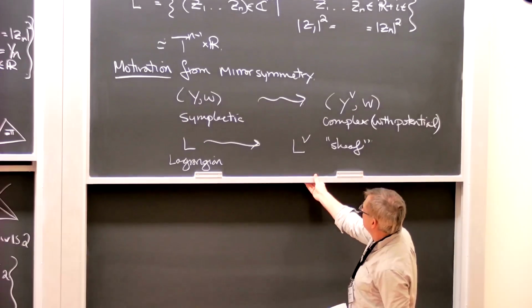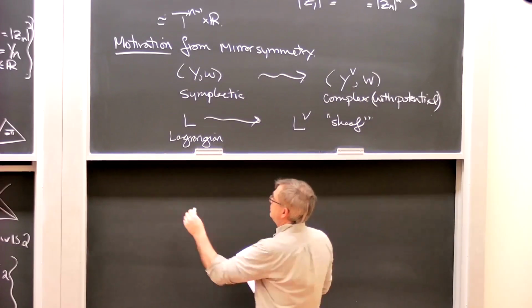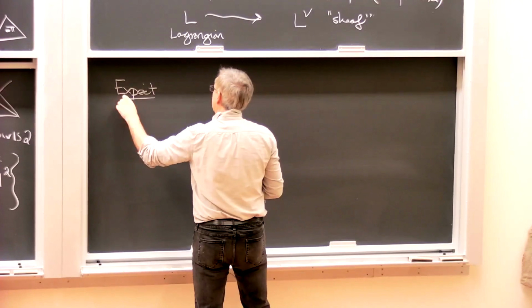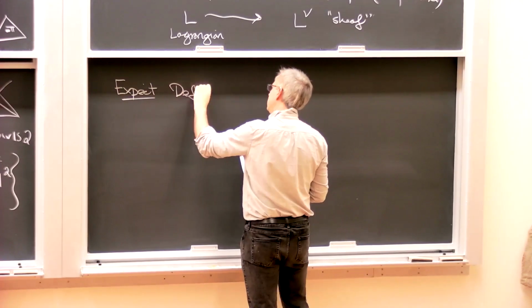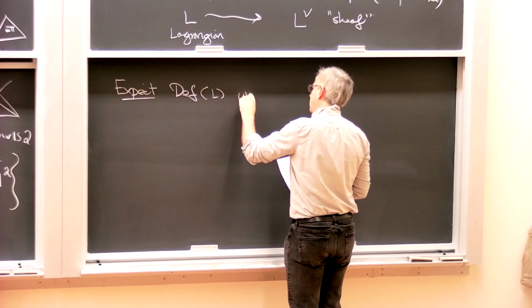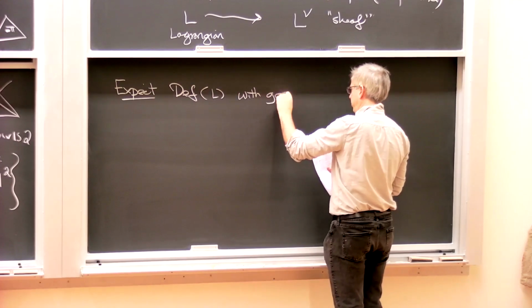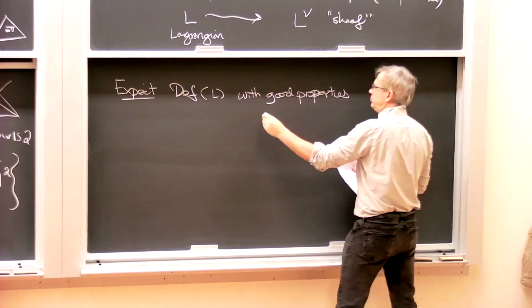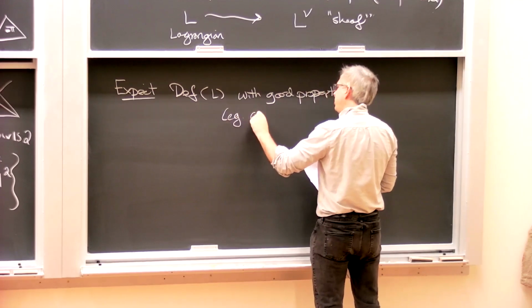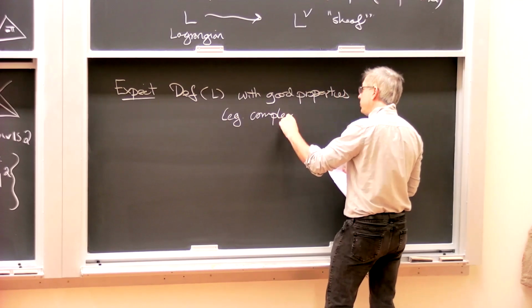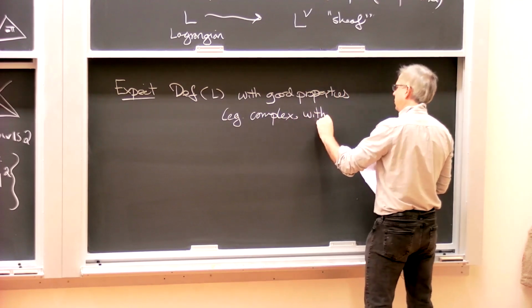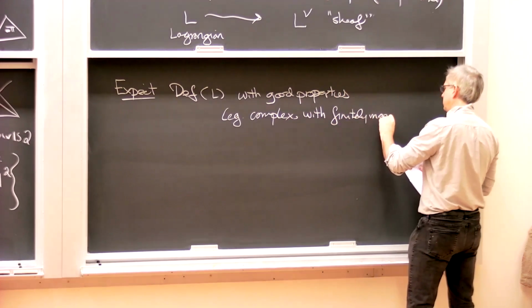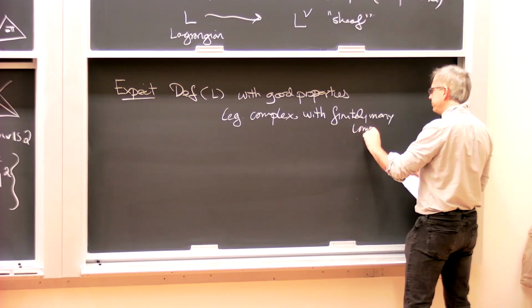The point is that you expect a deformation space with good properties, e.g., something like a complex structure with finitely many components.